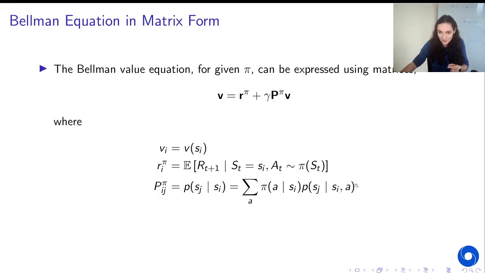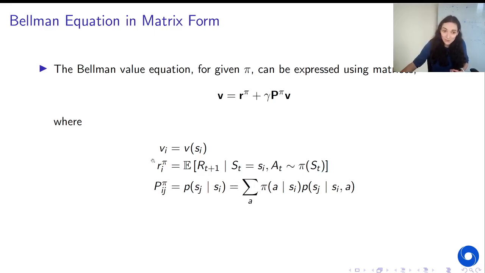This is what we have from the definition of the MDP, and it is weighted by the probability of taking this action A in state Si. And so this is the expected probability of transitioning to this state starting from Si by acting according to policy pi.